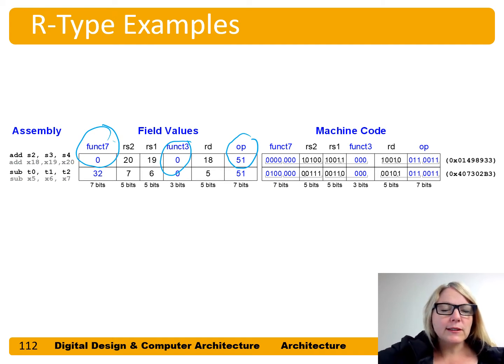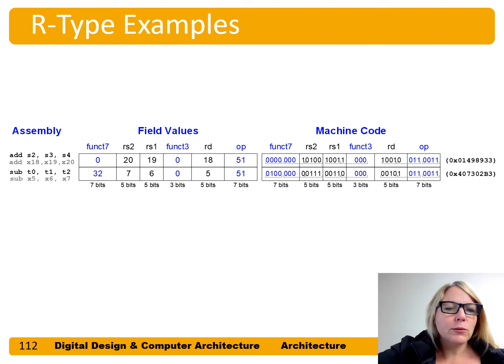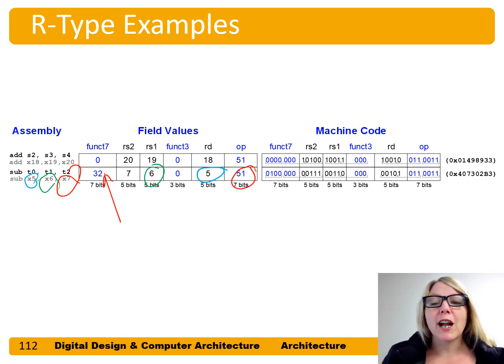Subtract is similar, so we still convert the names of our registers to numbers. So T0, T1, T2 are X5, X6, and 7. So 5 is our destination, and then we have our 2 source operands, 6 and 7. And now, we still have 51 as our opcode, but funct7 is 32 to indicate subtraction instead of addition.